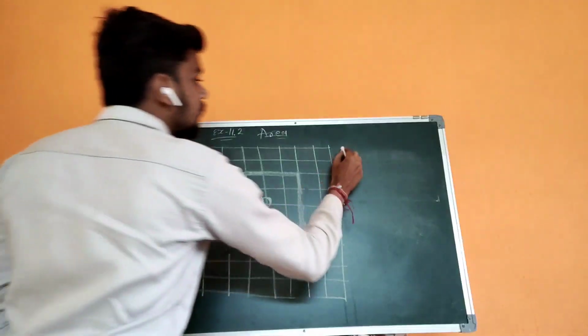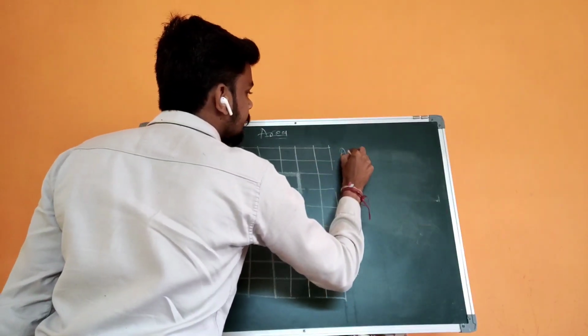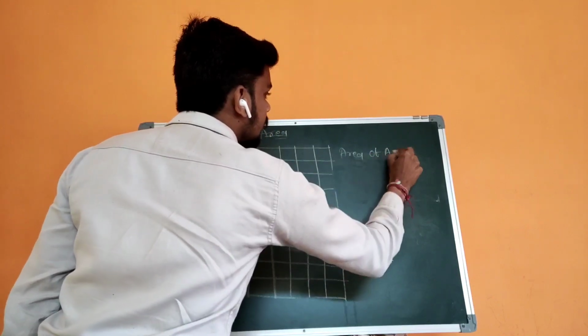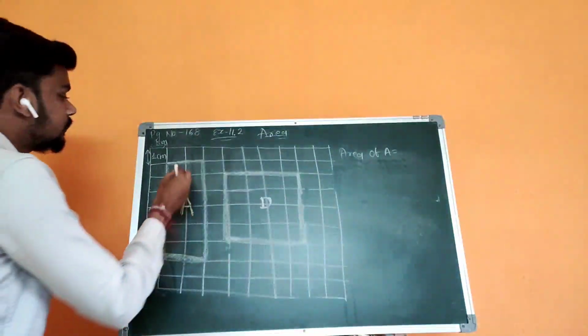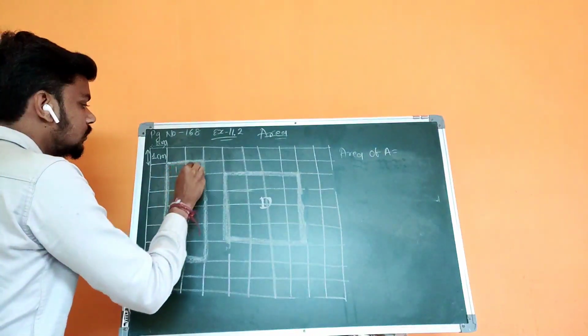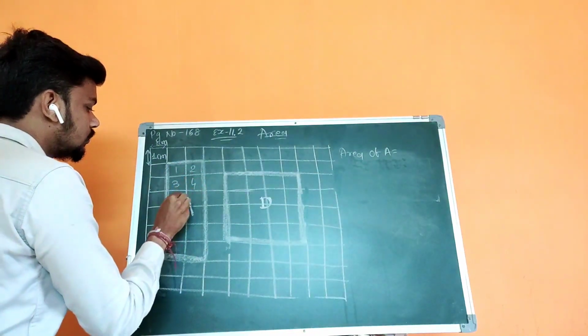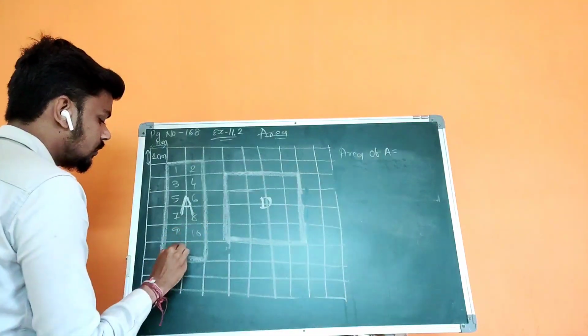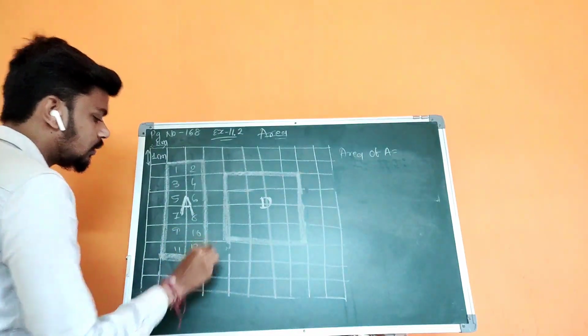So the area of A is equal to the count of square units: 1, 2, 3, 4, 5, 6, 7, 8, 9, 10, 11, 12.